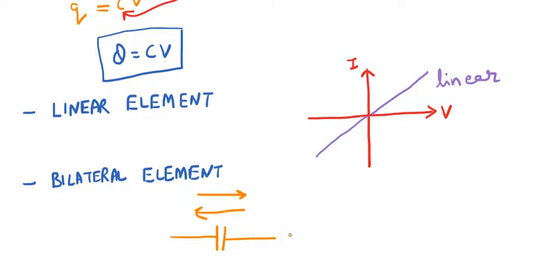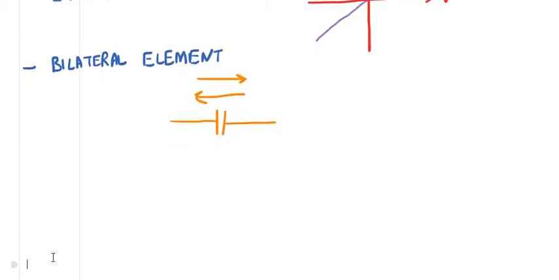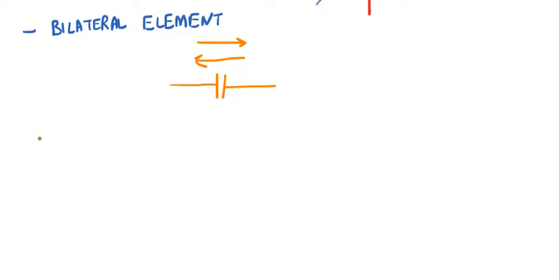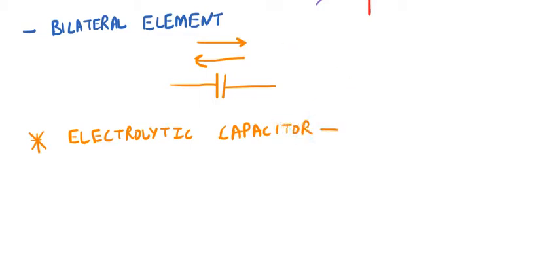But only the electrolytic capacitor is unilateral, because voltage is fixed for this type of capacitor and it can be charged only once.